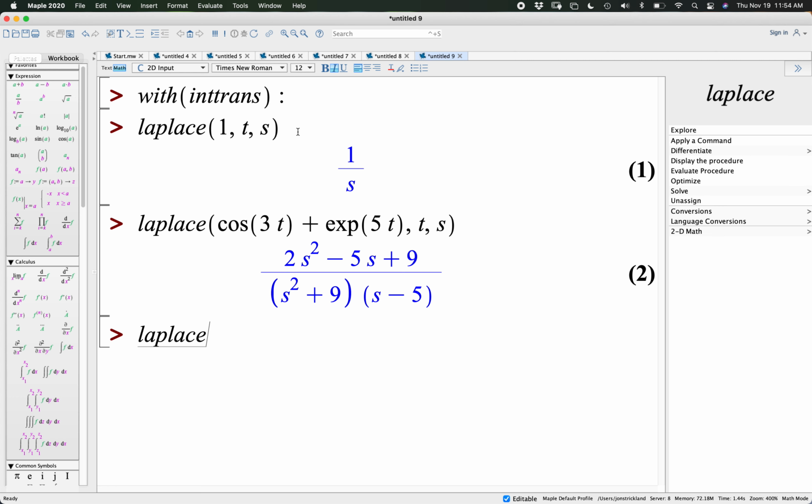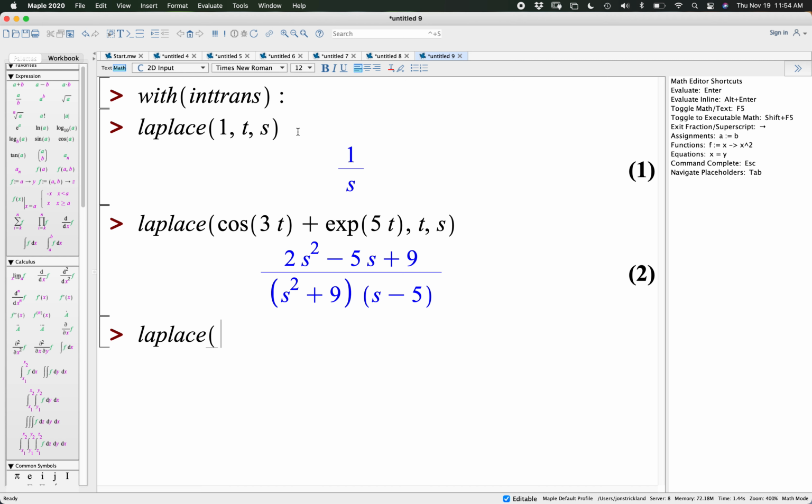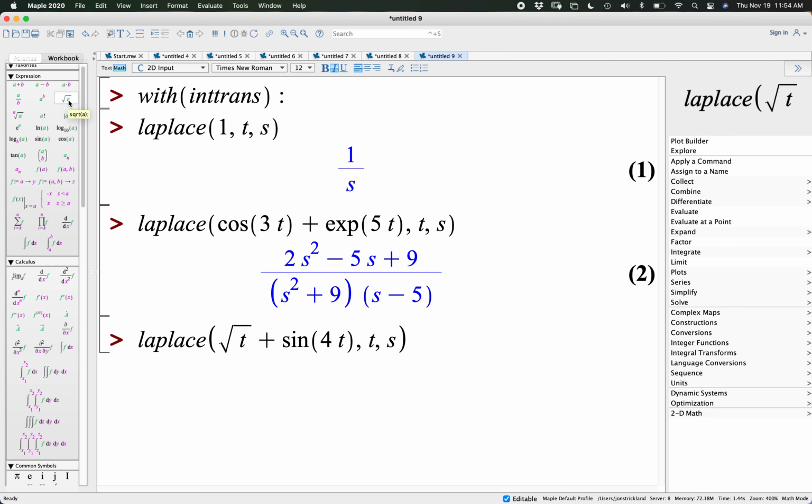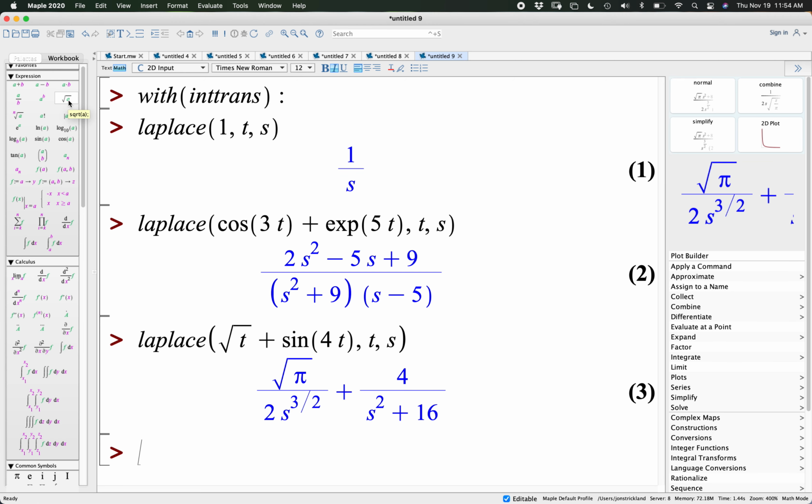And let's say I have the Laplace of the square root of t plus the sine of 4t. Now I got these terms here.